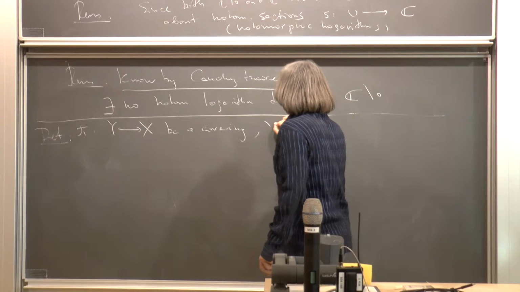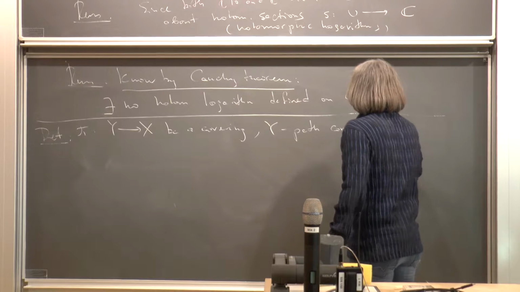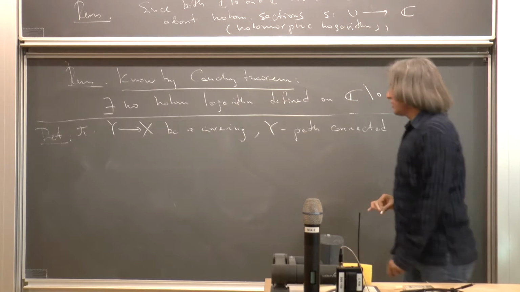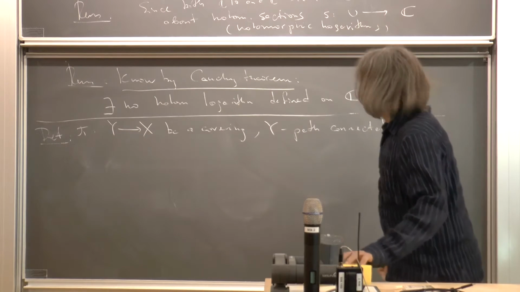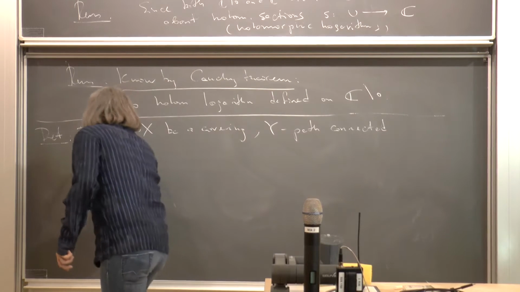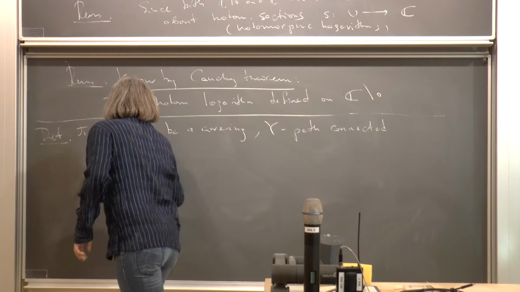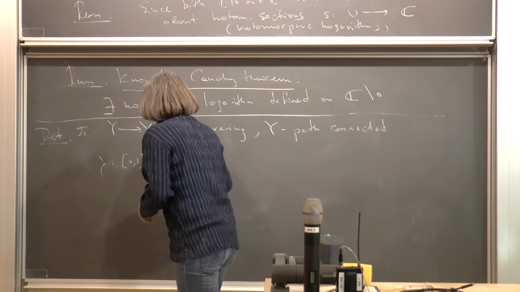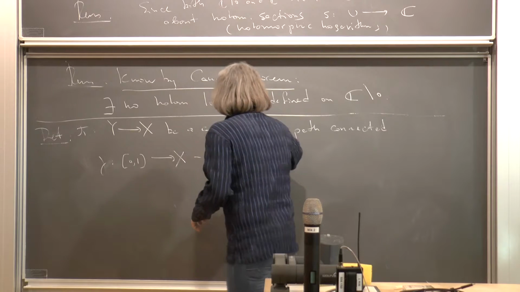Let's say that Y is path connected. A good example would be when Y is the universal covering of X. Then suppose that we have gamma from [0, 1] to X, a continuous path.